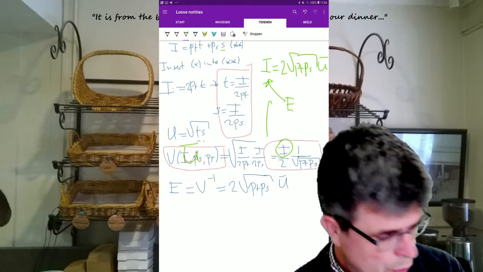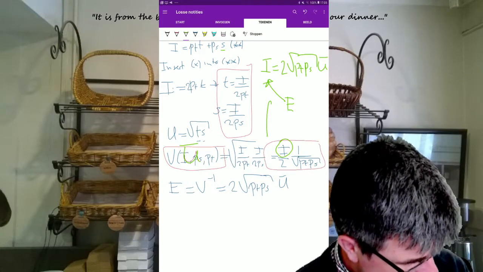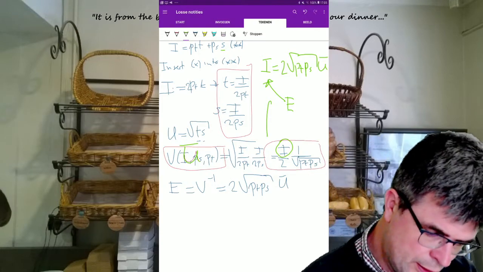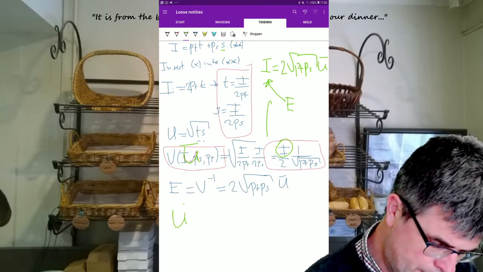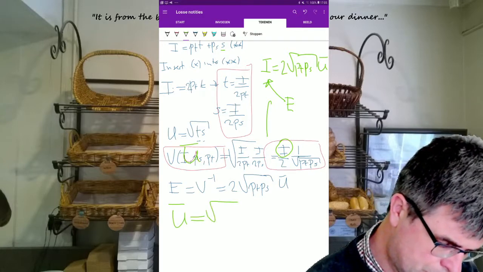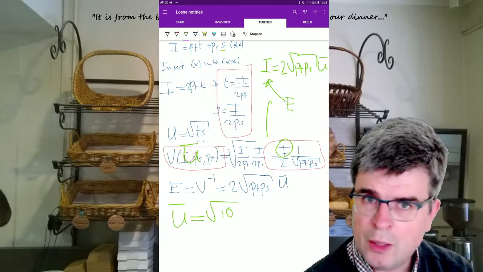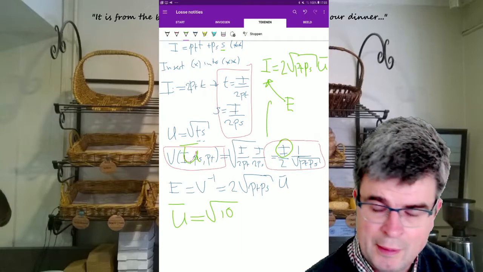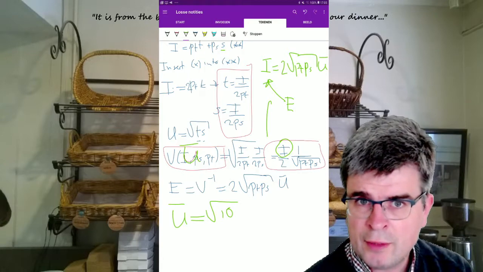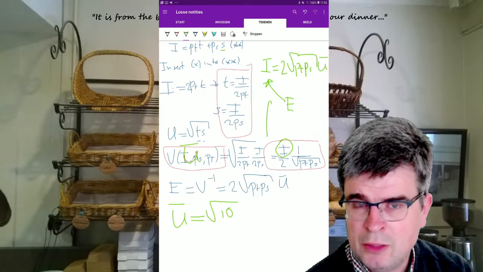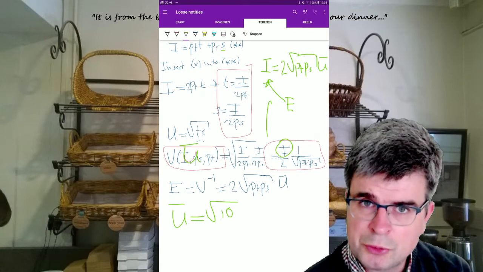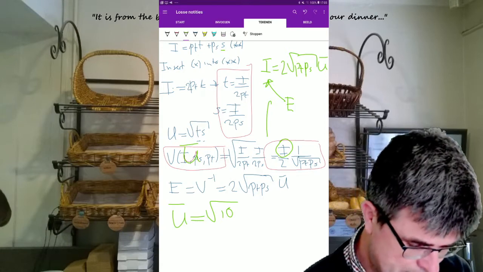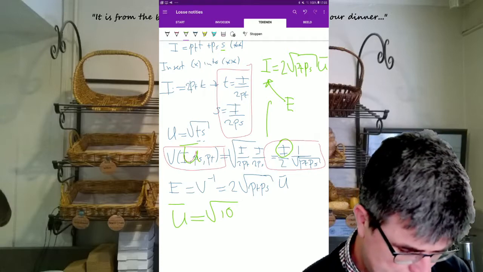Now we know that in the original situation, our utility level was square root of 10. But now we face new prices, and we can easily find the minimum expenditures that we need to make in order to attain a utility level of square root 10, given the new prices, by just plugging in these prices.